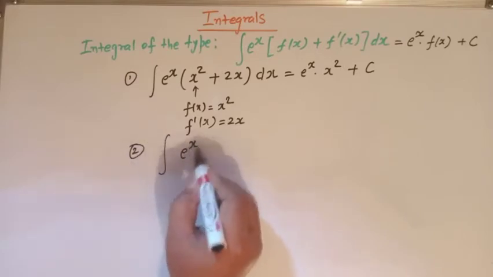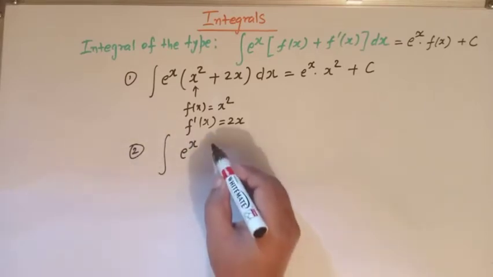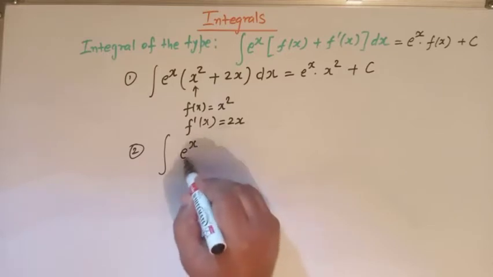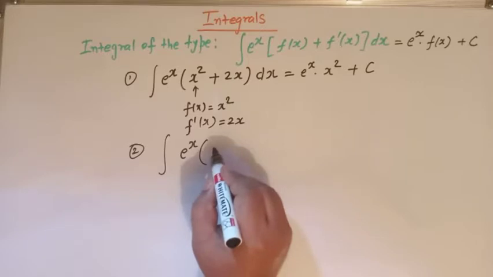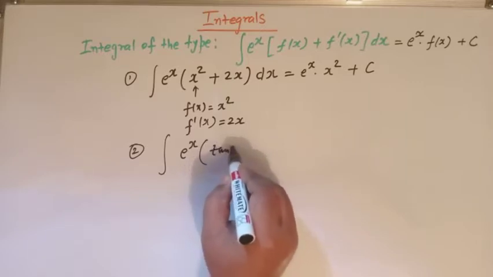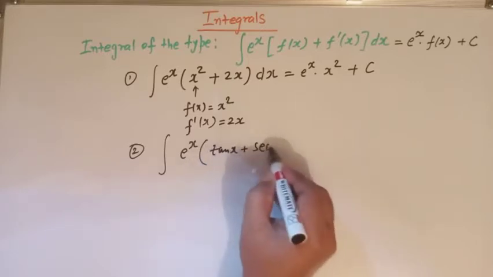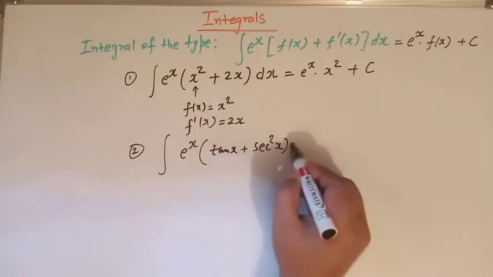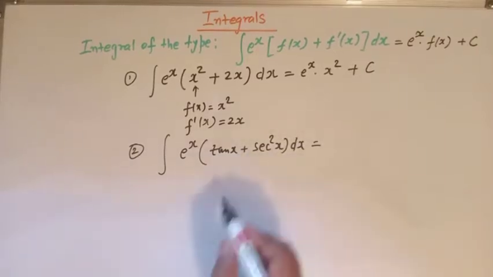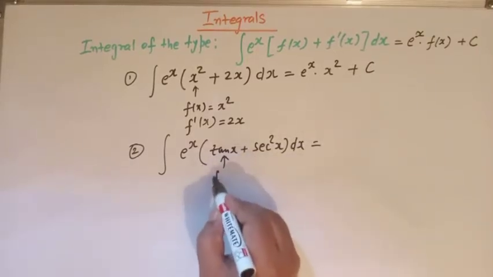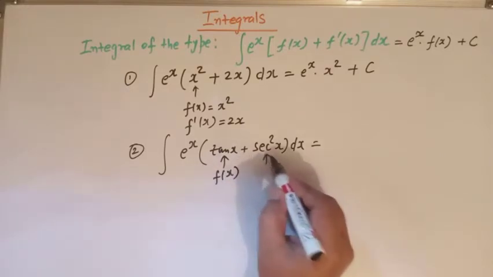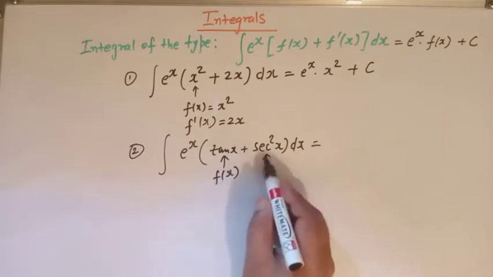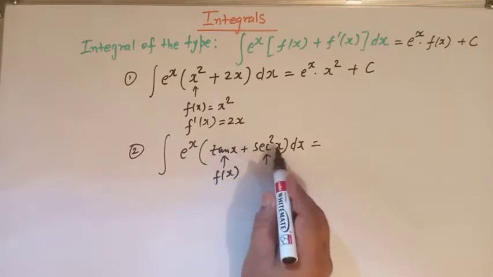Okay. Similarly, let us take one more example. Suppose we have to integrate e raised to x and say we have 10x plus sec square x. Clear? Now here also we see that if this is taken as f, then the derivative of f is sec square x.